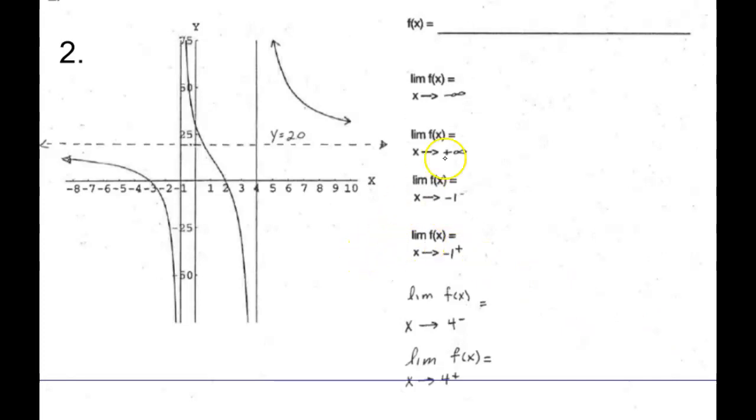Okay. So what can you tell me about this one, guys? There's a 0 at -3 and 2. There's a vertical asymptote, I would say, at -1 and over here at 4. So tell me something about that. Riley, tell me anything.